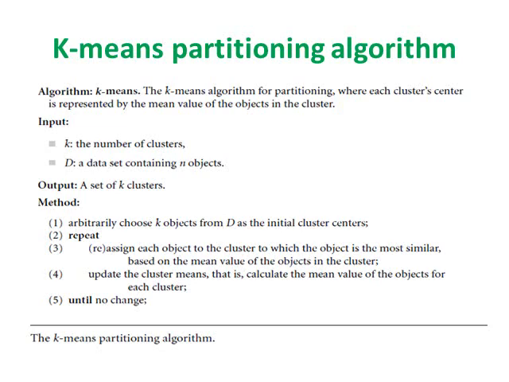For each cluster, it computes the new mean using the objects assigned to the cluster in the previous iteration. All the objects are then reassigned using the updated means as the new cluster centers. The iteration continues until the assignment is stable, that is, the clusters formed in the current round are the same as those formed in the previous round.